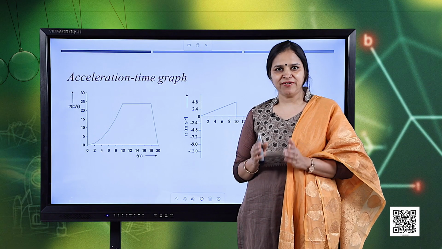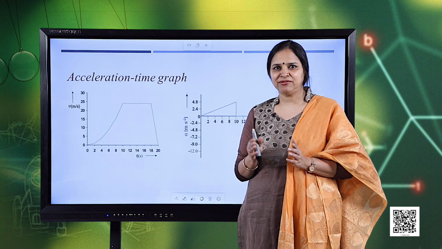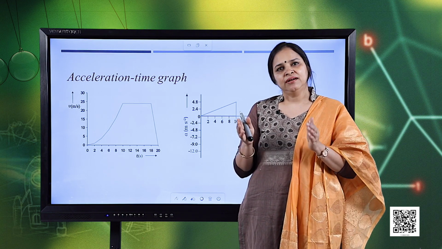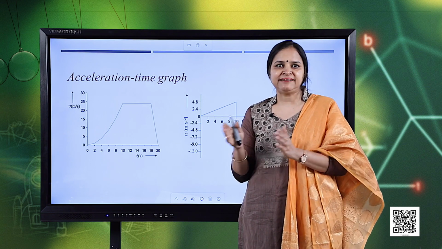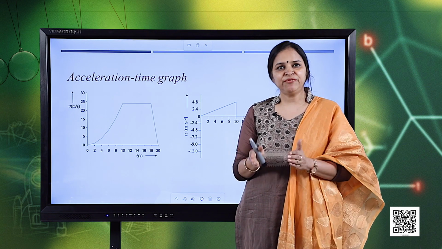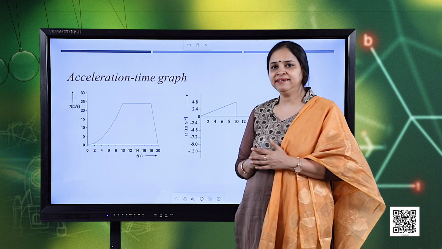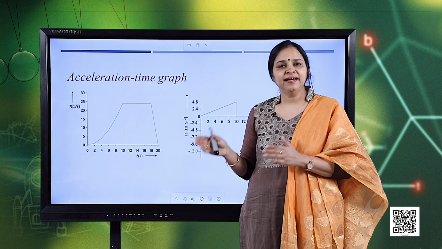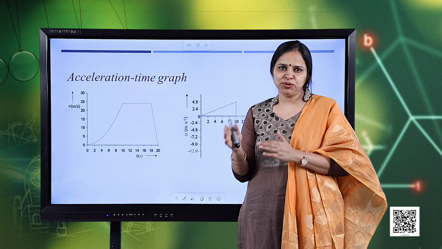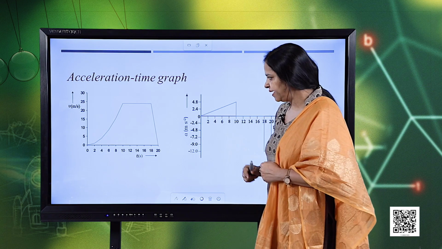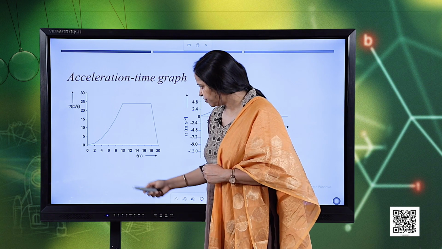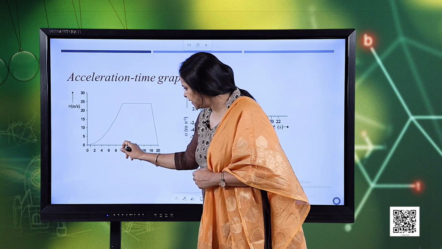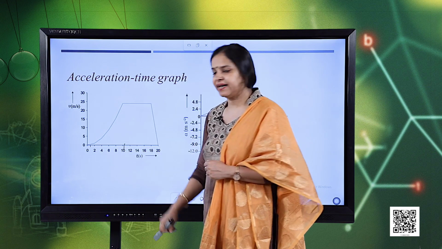To use the velocity time graph for plotting the acceleration, we will study the graph in 3 stages. First, between 0 to 10 seconds, then between 10 to 18 second, and then 18 to 20 second. First of all, let us talk about the first time interval, that is t equal to 0 to t equal to 10 second.